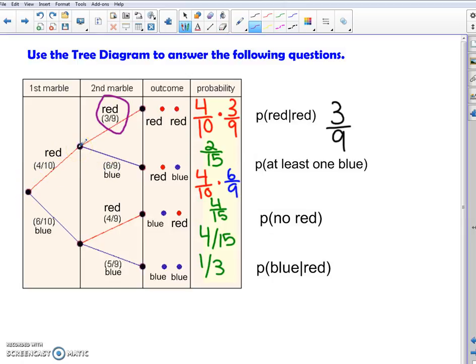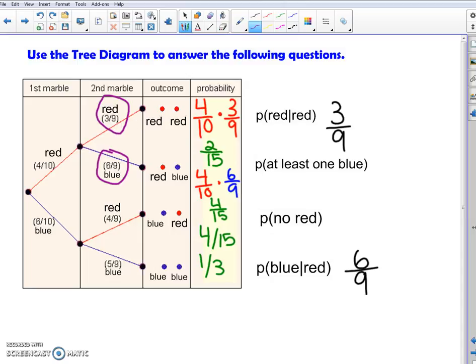Now, what is the probability of picking a blue marble? And that's where we're taking a look at this number. So this one's going to be 6 over 9 for that probability of blue given red. And all of those reduce, right? So I want you to reduce them on your own. It may even be good practice to put a percentage down so you get used to seeing percentages as well.